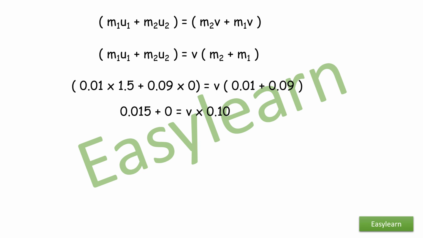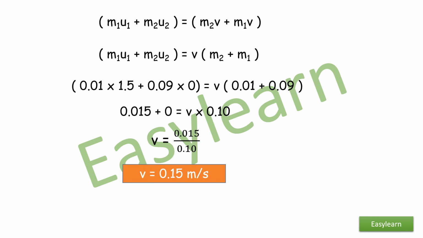That is 0.015 plus 0 is equal to v into 0.10, which gives v is equal to 0.015 upon 0.10. Therefore, the velocity is 0.15 meter per second.